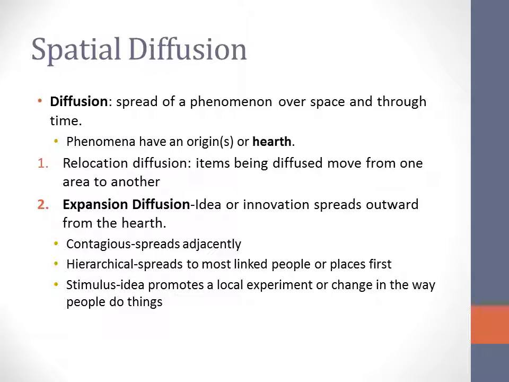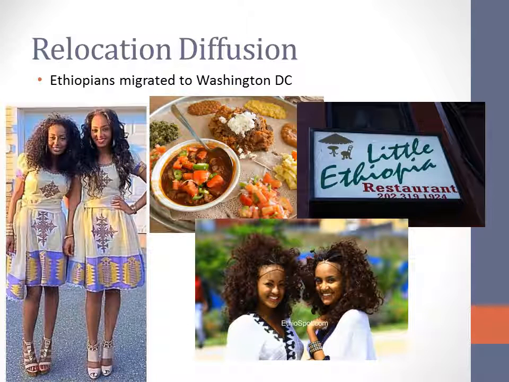An idea promotes a local experiment or change in the way people do things. Somebody likes your hairstyle, but they make a tweak to it. So your hairstyle stimulated a new hairstyle, and that's how that hairstyle is diffused. So Ethiopians migrated to Washington, D.C. and shared their style of dress, their hairstyles.